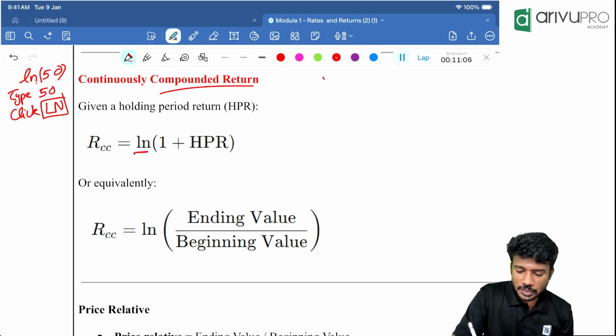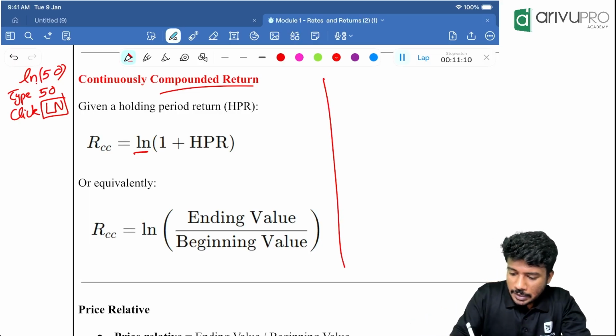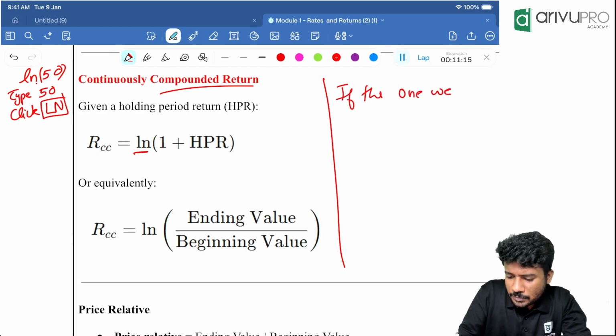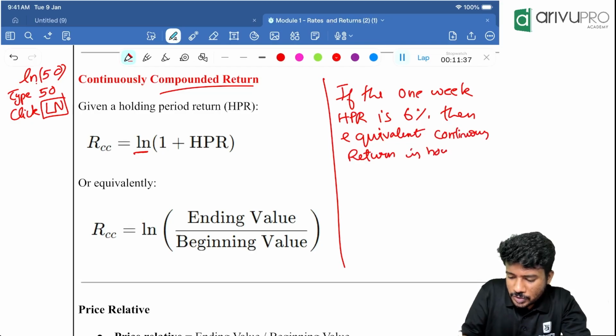So first question, make a note of this question, people. If the 1 week HPR is 6%, then the equivalent continuous return is how much?